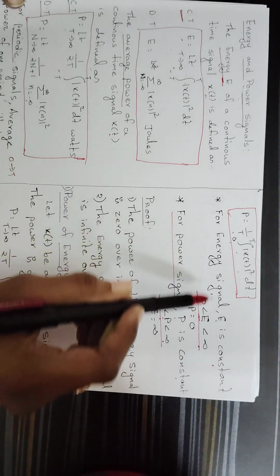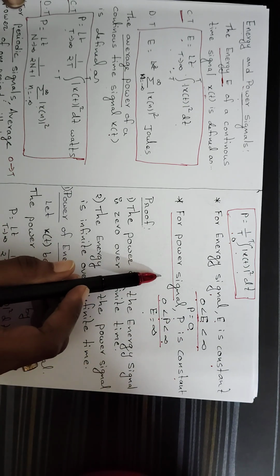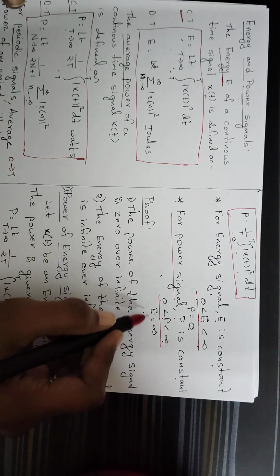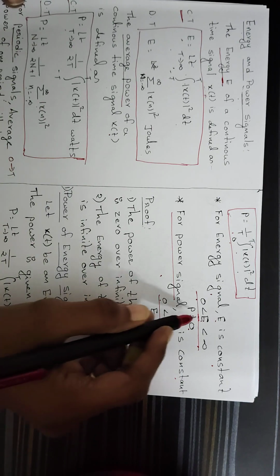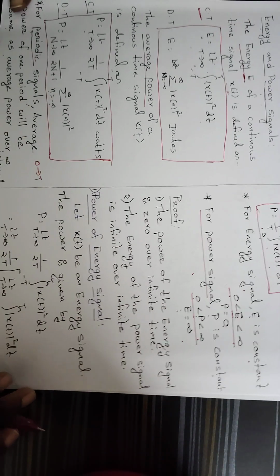If the energy signal has a finite value, then the power is 0. If the power signal has a finite value, then the energy is infinite. These two points are very important for energy and power signals.